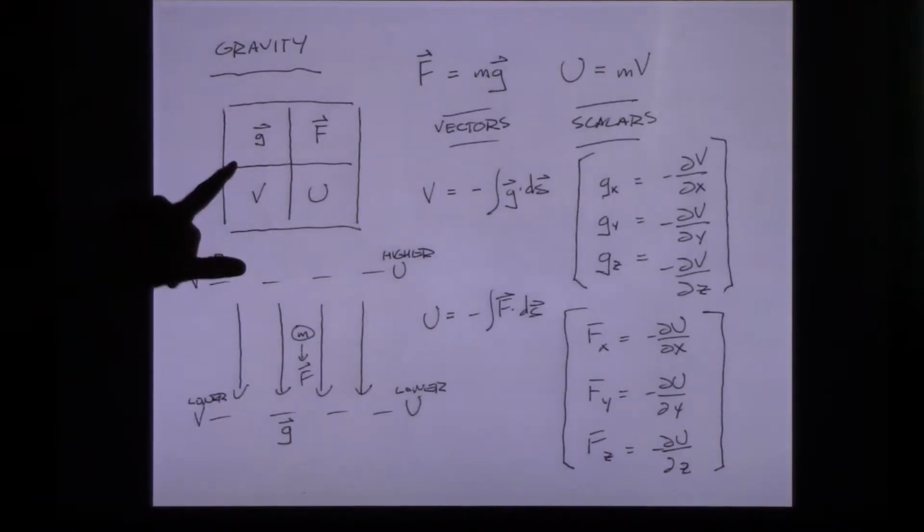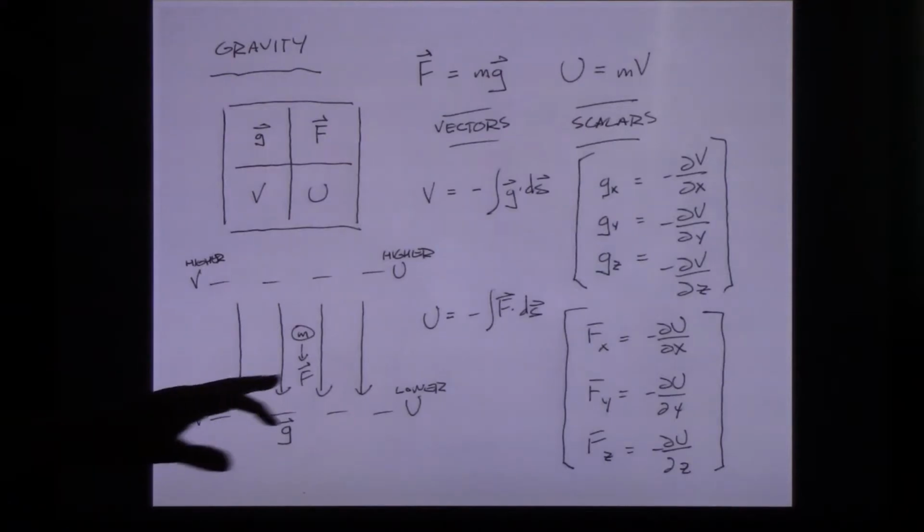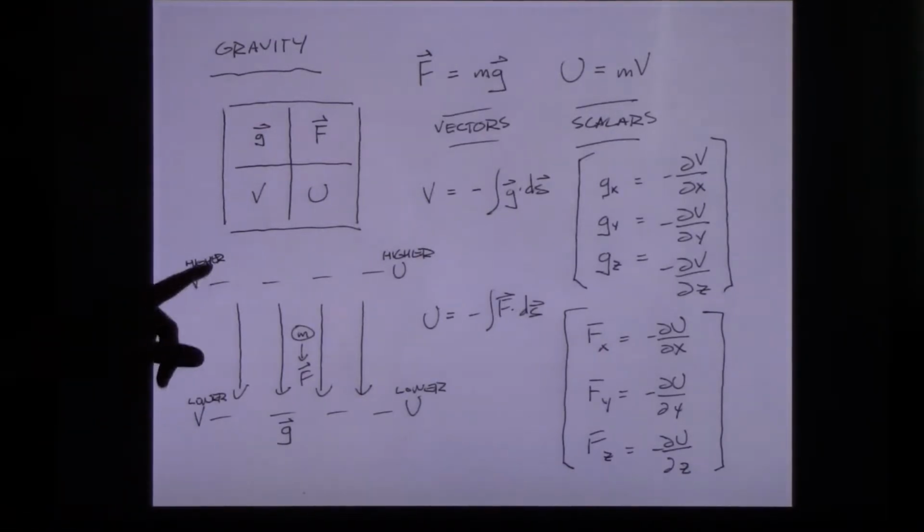That's what I'm going to claim we start with, imagining a gravitational field. Now the gravitational field itself is due to the presence of mass somewhere. For Earth's gravitational field, we can determine how much field we have by knowing the mass of the planet, the gravitational constant, and distances.